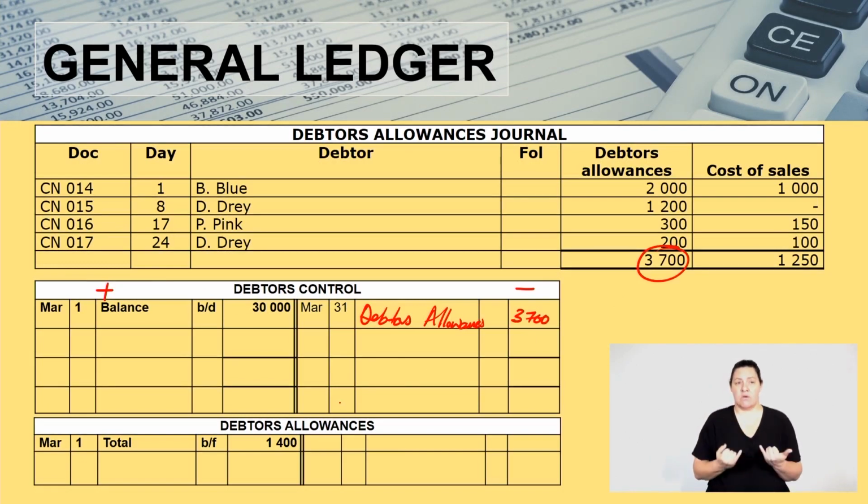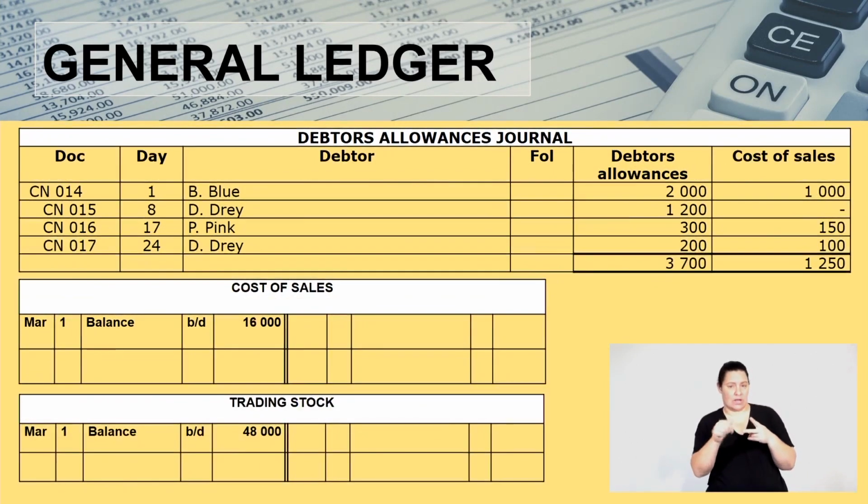And then I come now, I already have some allowances in my books, which is 1,400. So I'm now going to come here and then I'm going to record now in my debtors allowances. What do I say? Debtors control. All right. And then how much am I getting? 3,700.